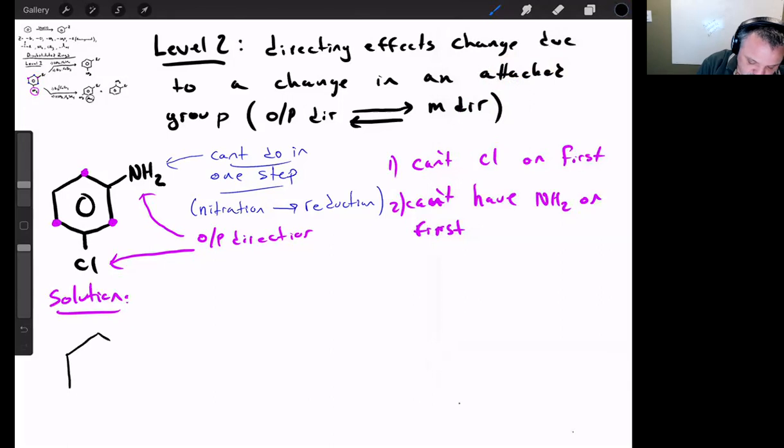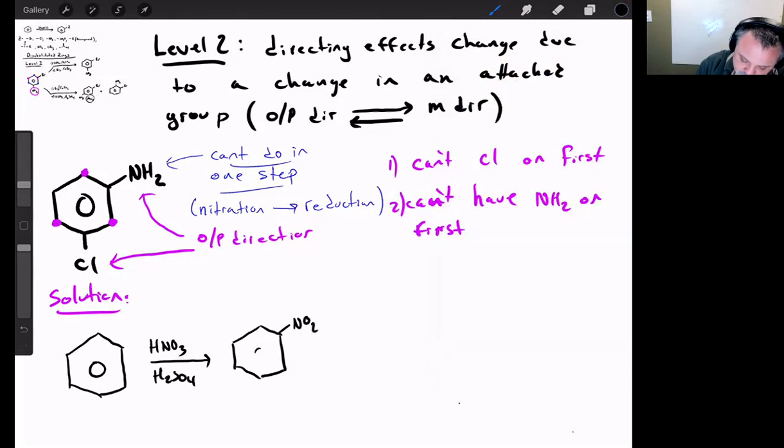So starting with benzene, I now do have an idea of what I need to do. If I do nitration first, then I get the nitro group on the ring. It's now deactivating and a meta director, and the chlorine is in the meta position.